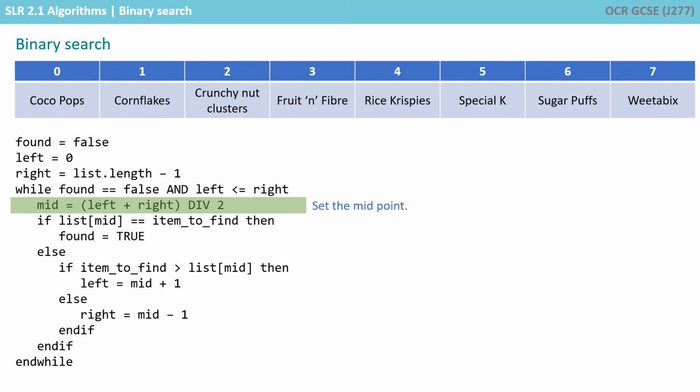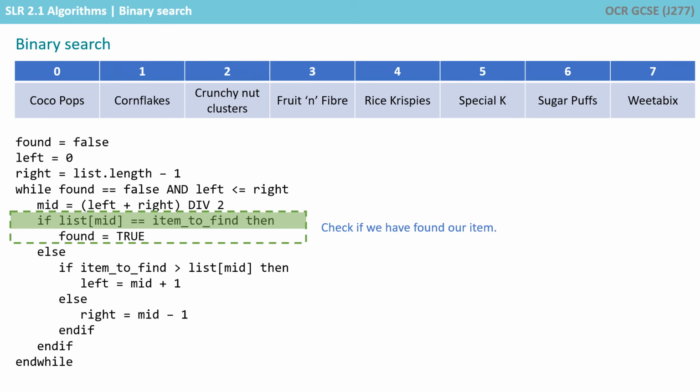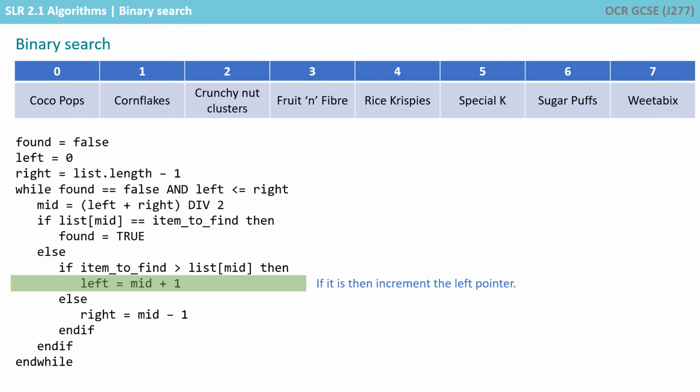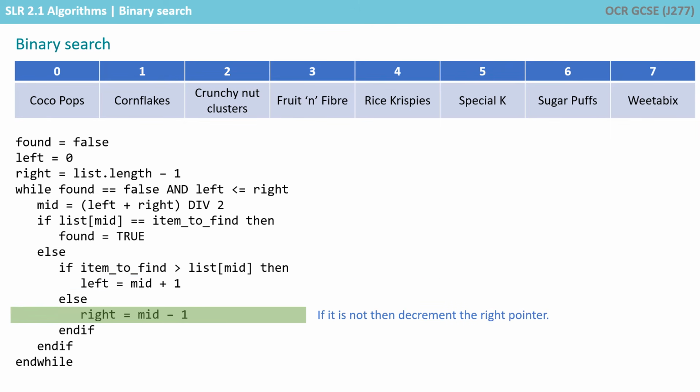Mid equals left plus right div 2. If the item at the midpoint is the item to find, then we can set the value of found to true. Else, check to see if the item we're looking for is greater than our midpoint item. If it is, then increment the left pointer. If it's not, then decrement the right pointer.